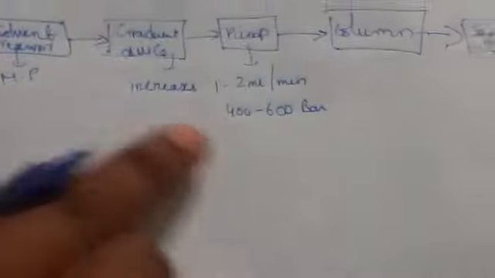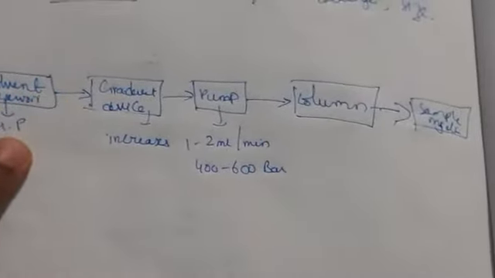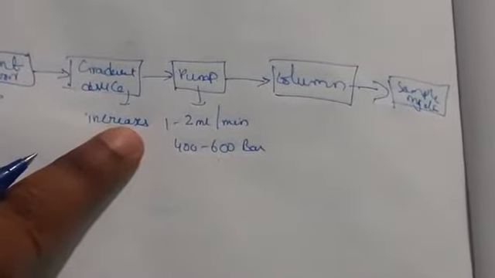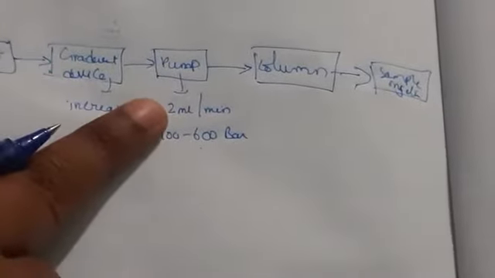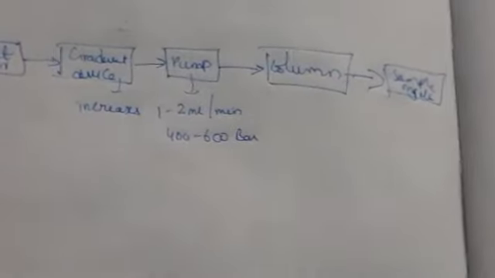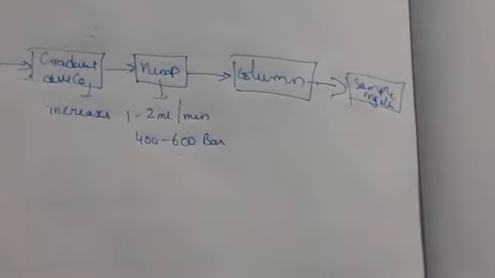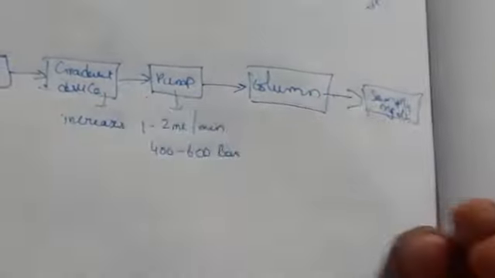So what is the principle mainly happening here? See, we are taking a mobile phase. The mobile phase is attached to the gradient device, which increases the flow of the solvent. The mobile phase coming through is increased in flow and passes through the pump.